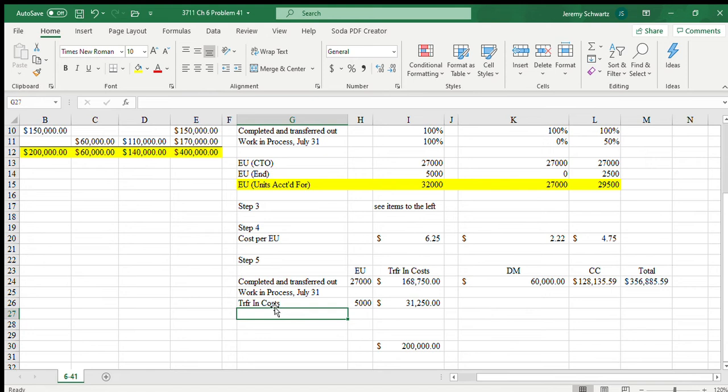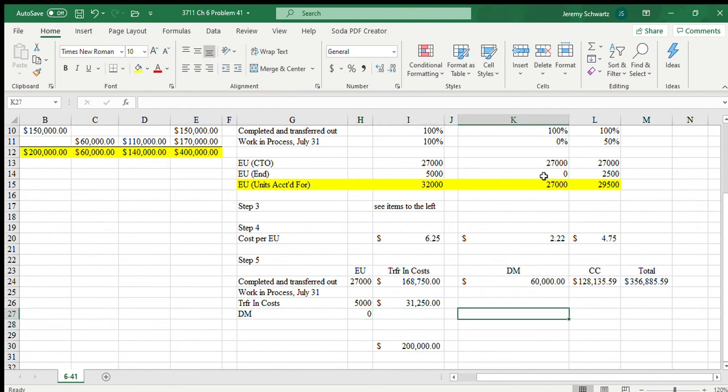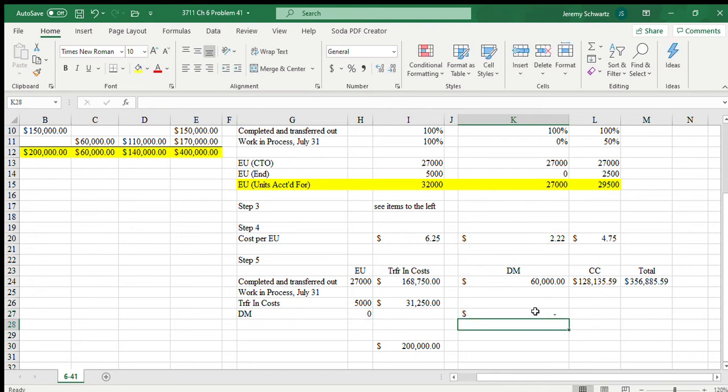So similarly, we would do this same thing for direct materials, and we would go to their 0 units here, and just being consistent, multiplying that formula 0 multiplied by 222. And since the direct materials hadn't been added, we had 0 direct materials cost in ending inventory.